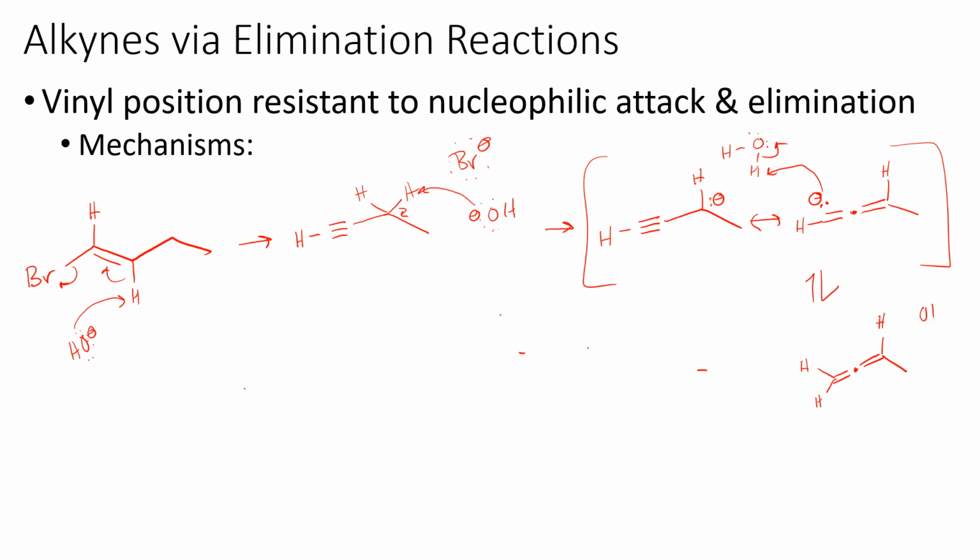From here, we're still under our basic conditions, so we are going to deprotonate once again. Now we have our carbanion from our deprotonation, but since that carbanion is next to pi bonds, we will see resonance structures.